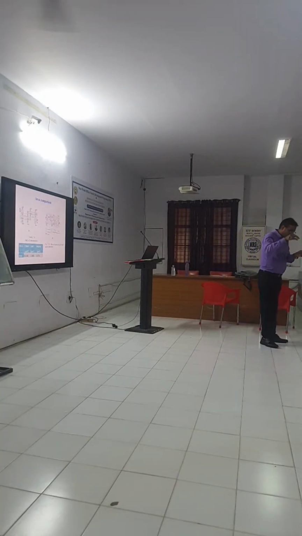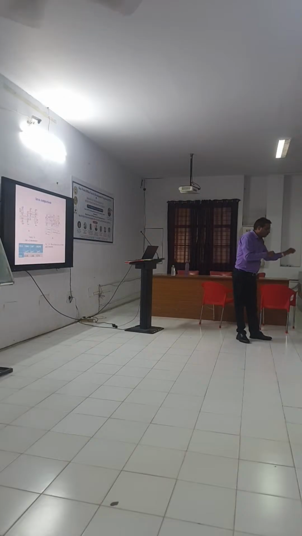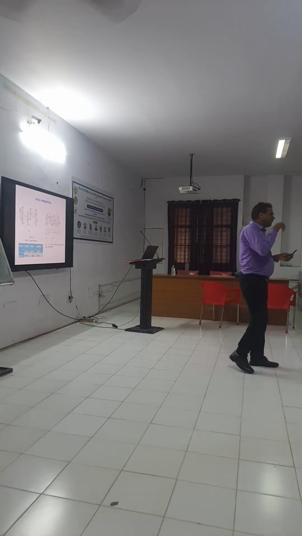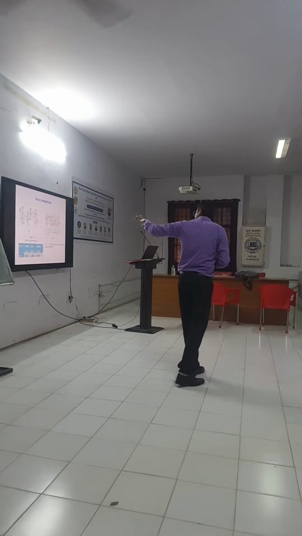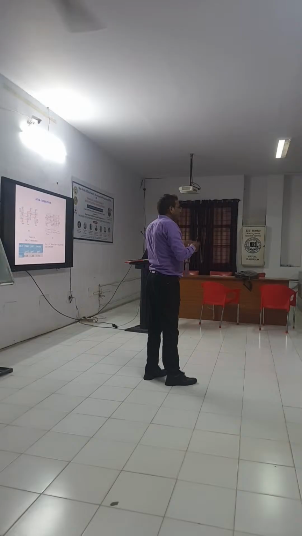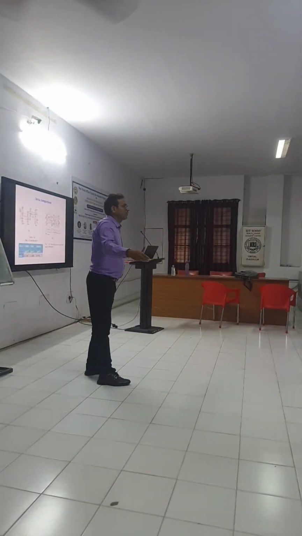Like where we have to put the kitchen, where we have to put the dining hall, where we have to put the balcony. If you are not putting them properly, then it will take more area. That's why the architect first does planning and placement. So in layout also, proper placement should be there. If you place the MOSFETs or PMOS in different places, then its area will be more.